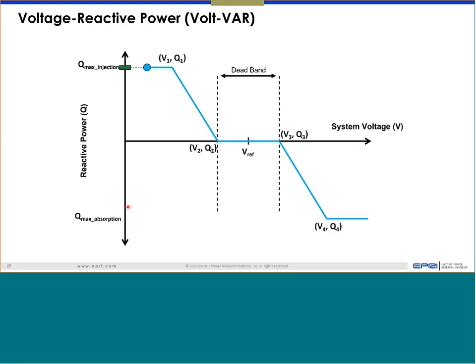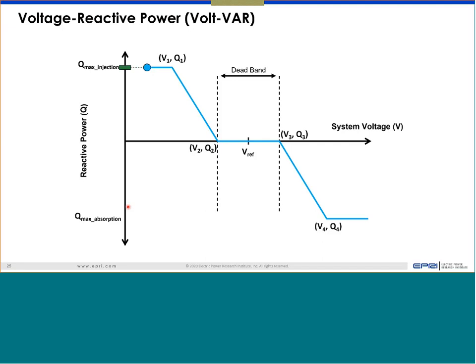If you compare that with the power factor function, once you configure it for absorbing mode, it will always absorb VAR proportionate to the real power until somebody changes the direction to the injection mode. So the power factor function is always either positive or negative, absorption or injection, and is proportionate to the power, not directly related to the voltage.